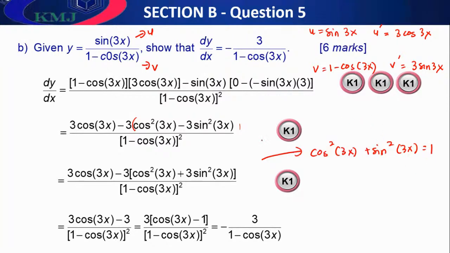So we just substitute 1 to here. That's why we get 3 times 1. So we just factorize. So now we can show that dy over dx is equal to negative 3 over 1 minus cos 3x.